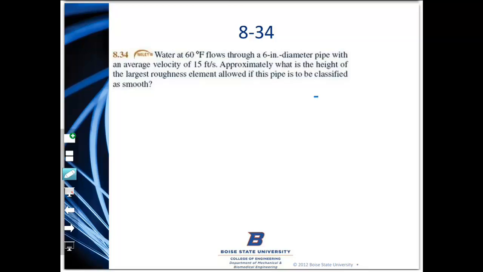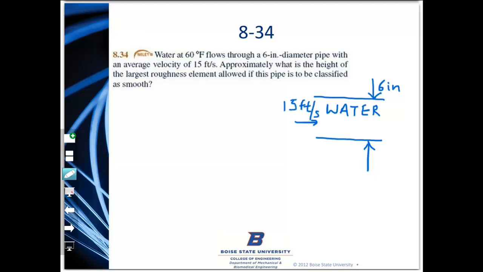Okay, so let's try to represent this. If I have a pipe here, which is what we are given in the problem, we know that it's 6 inches, and we know that water is what is flowing through it at 15 feet per second.